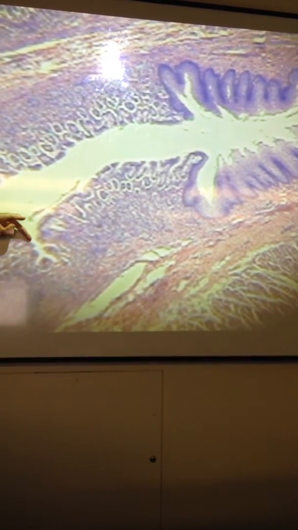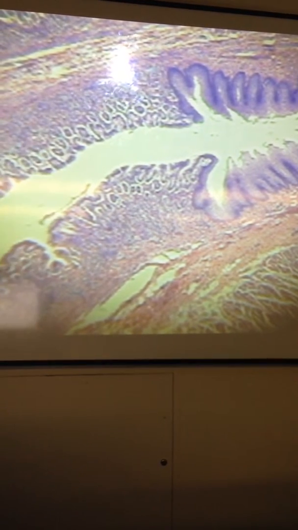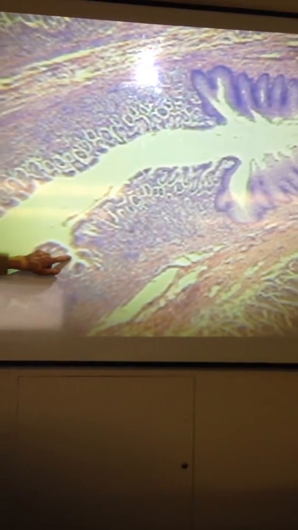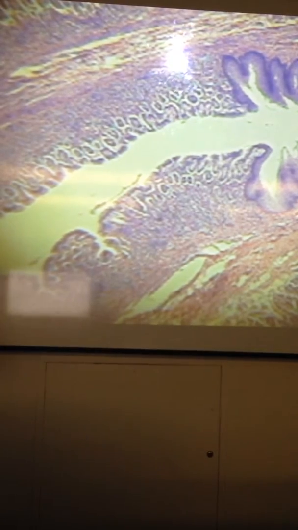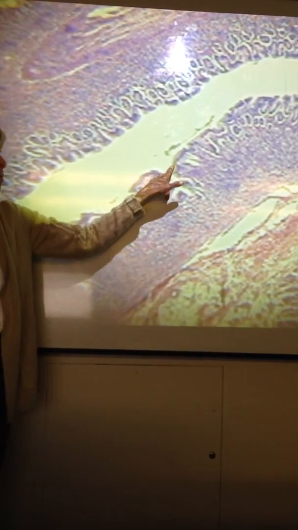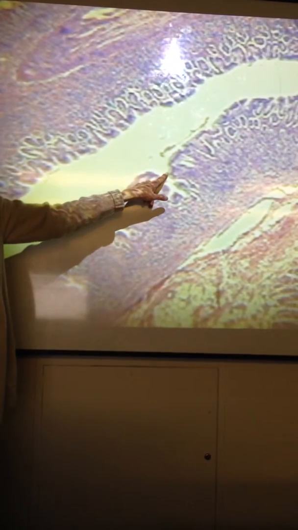And now here's a large gastric pit right here. So the lining of the cardia of the stomach would be smooth, except for these gastric pits. And the gastric pits move down and form a gastric gland. And you would find, what we should see, very clear mucus cells, simple columnar cells that produce a lot of mucus.